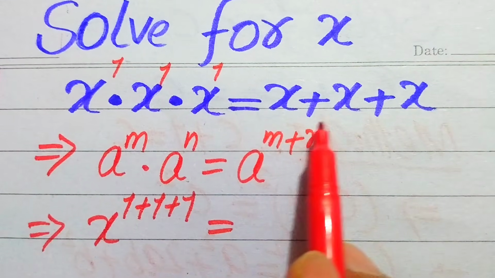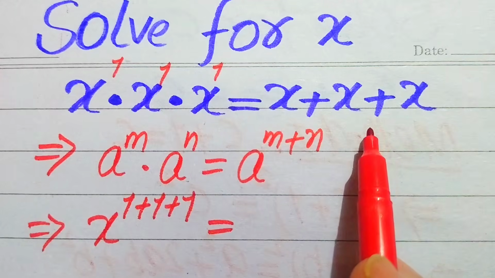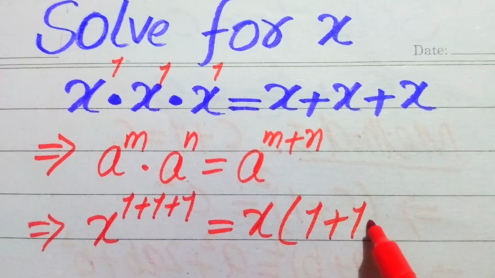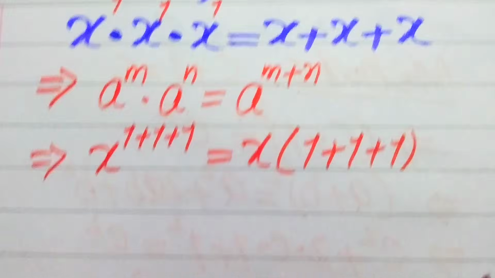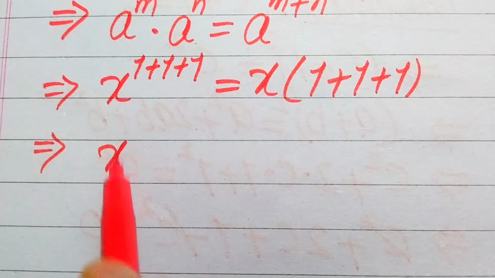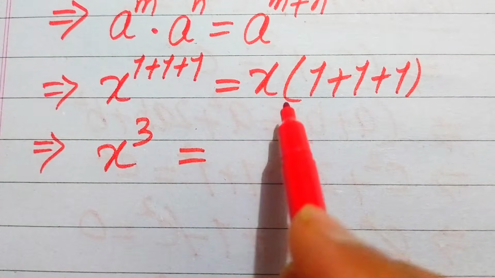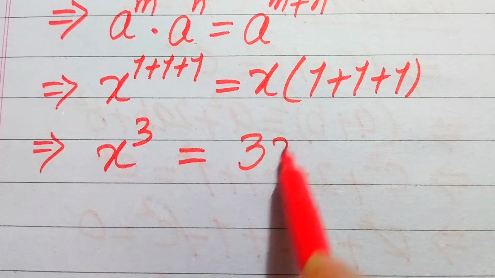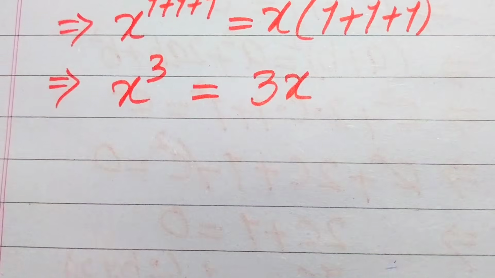On the right, x is the common term. So when we take x common, the remaining values are 1 plus 1 plus 1. Further, in the next step, we have x cubed equals 1 plus 1 plus 1, which becomes 3, so this is 3 times x.